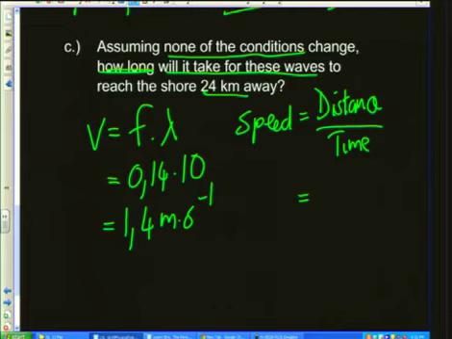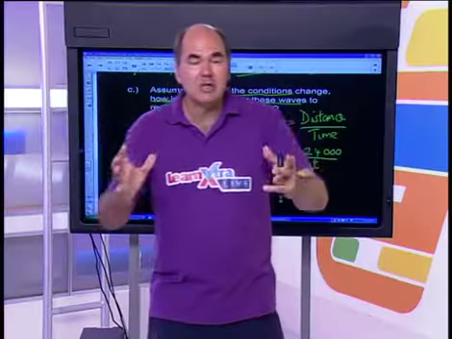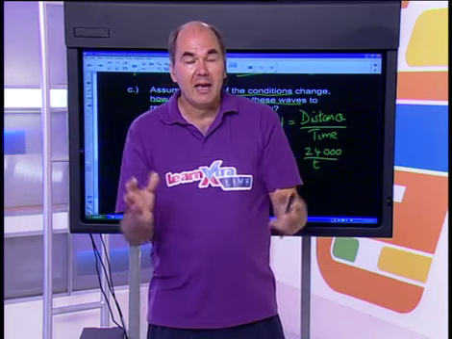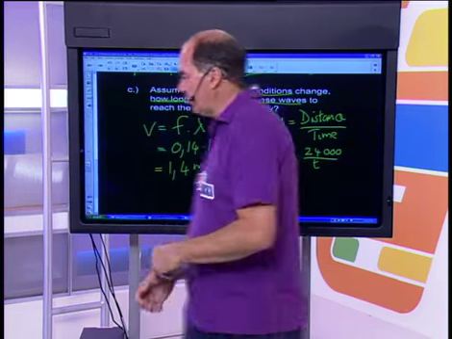What's the distance? The distance was 24 kilometers. But I must change to meters, multiply by 1,000. 24,000 meters. We don't know what the time is. The speed, we're going to say, is 1,4. Notice I've substituted into the equation, and I'm now going to calculate for the time.